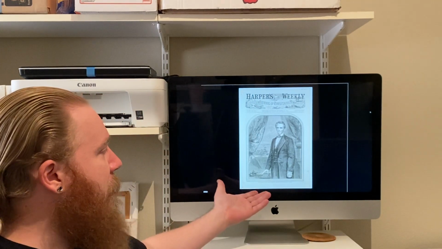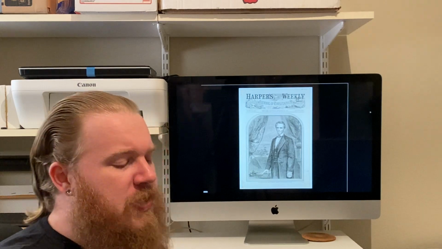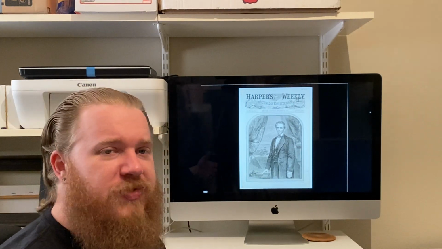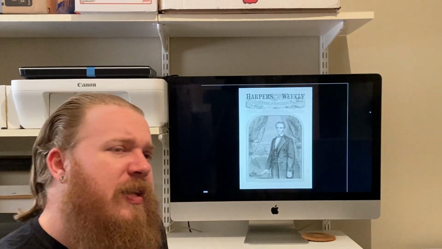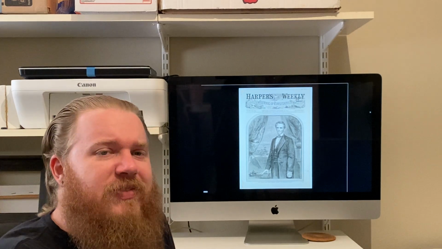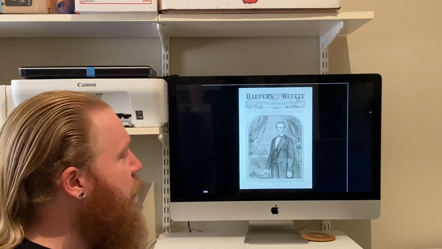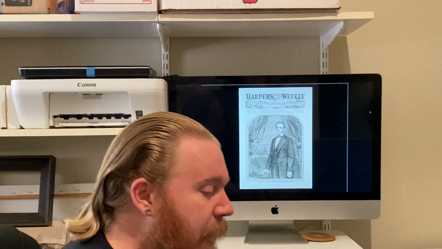So once again, printmaking was used quite extensively in the realm of things like newspapers, periodicals, and any kind of publishing. Here we can see this is Harper's Weekly. This was the major American newspaper during the middle of the 19th century, especially during the Civil War. So here we can see a nice printmaking image of Abraham Lincoln and everything like that.